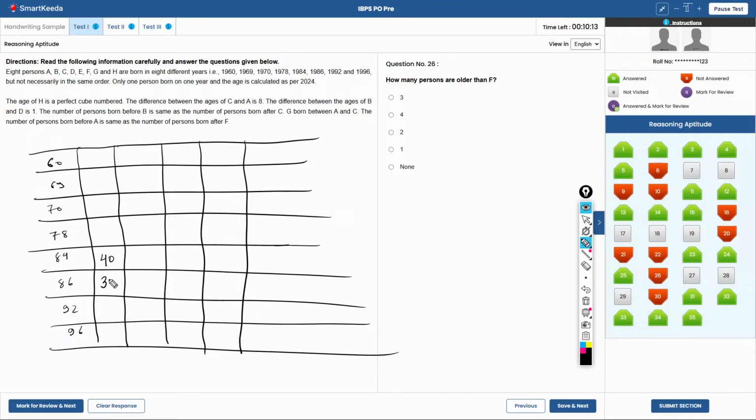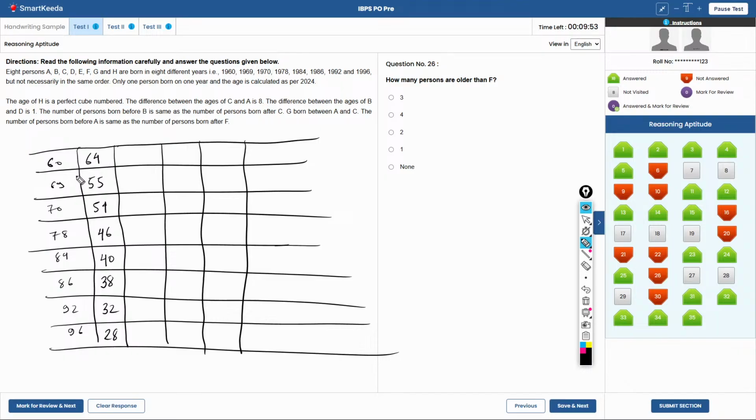So 2 less 38, 6 less 32, 4 less 28, 6 more 46, 8 more 54, 1 more 55, 9 more, so 64. The age is a perfect cube.